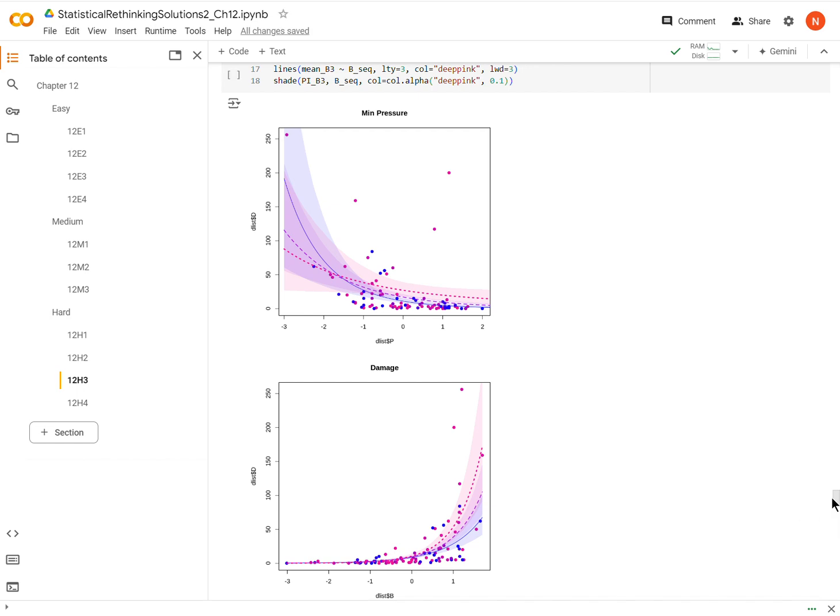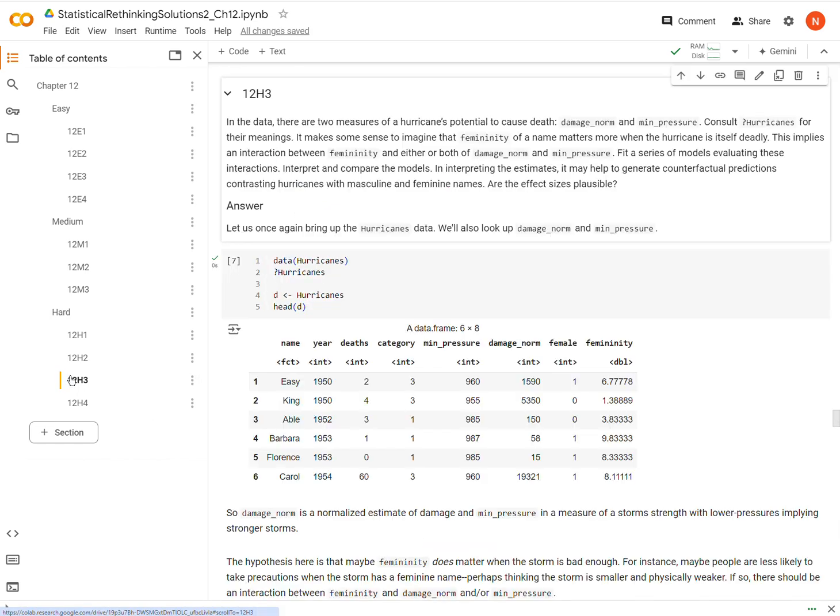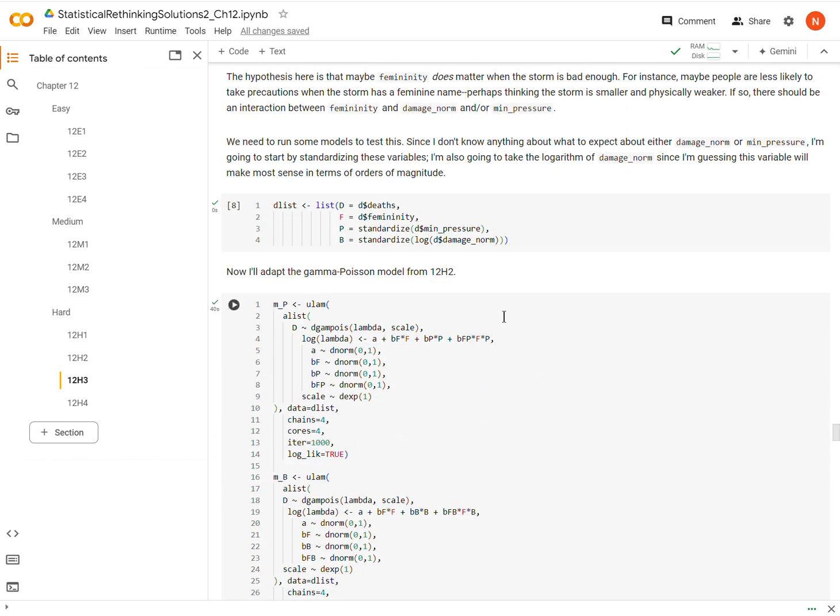Now, in that previous video, in 12H3, I did not actually use damage norm directly. What I reasoned at the time was that the difference between $100 of damage and $101 of damage probably didn't make a lot of sense, so we might want to work in orders of magnitude.